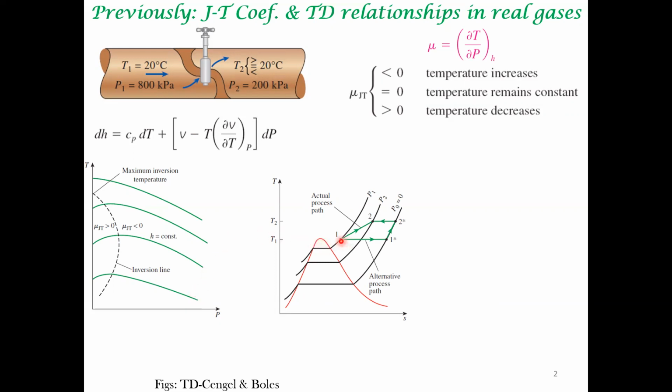For example, if you just want to evaluate enthalpy changes while you go from 1 to 2, instead of directly evaluating this, we imagine a different process where you go from state point 1 to a state point 1 star, which is an ideal gas state. The temperature is changed along this ideal gas state, 1 star to 2 star, and from 2 star, you come back to this point 2.